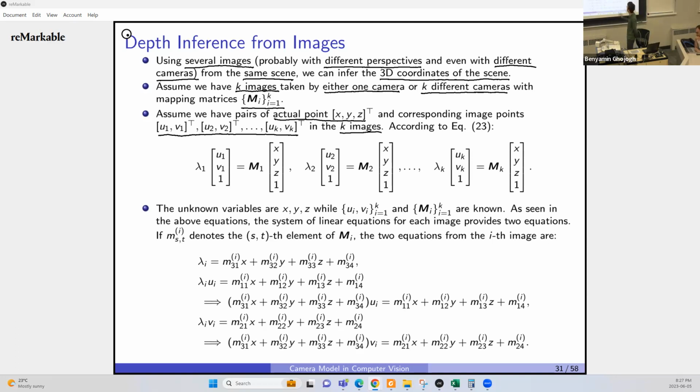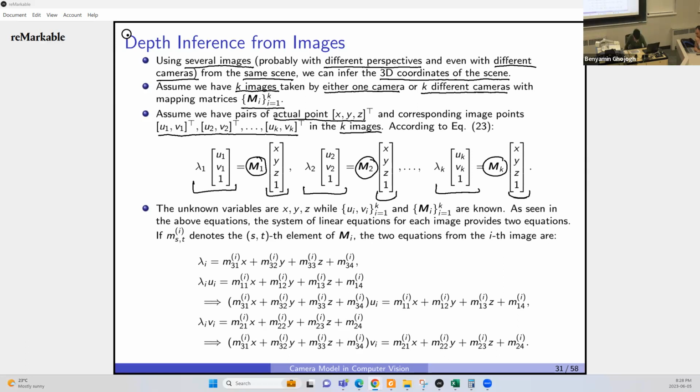According to equation 23 that we had, you remember the mapping equation, we have only one XYZ in all of them, with different mappings M1, M2, until MK. I have lambda 1 U1, V1, 1, lambda 2 U2, V2, 1, until lambda K UK, VK, 1.